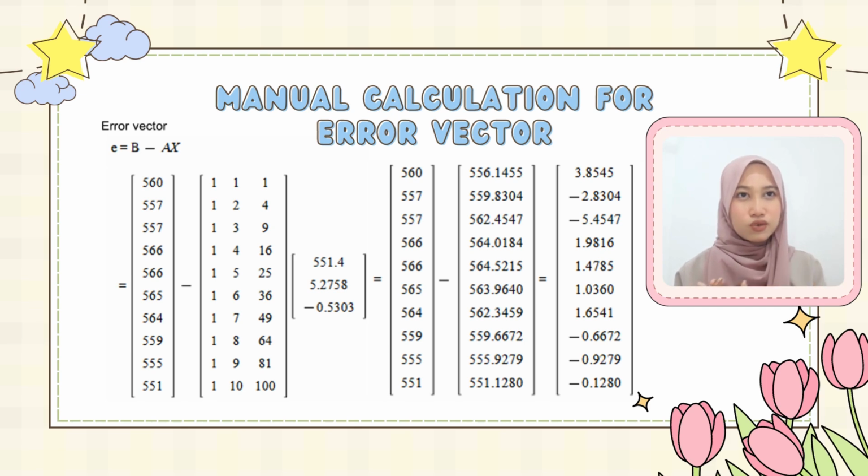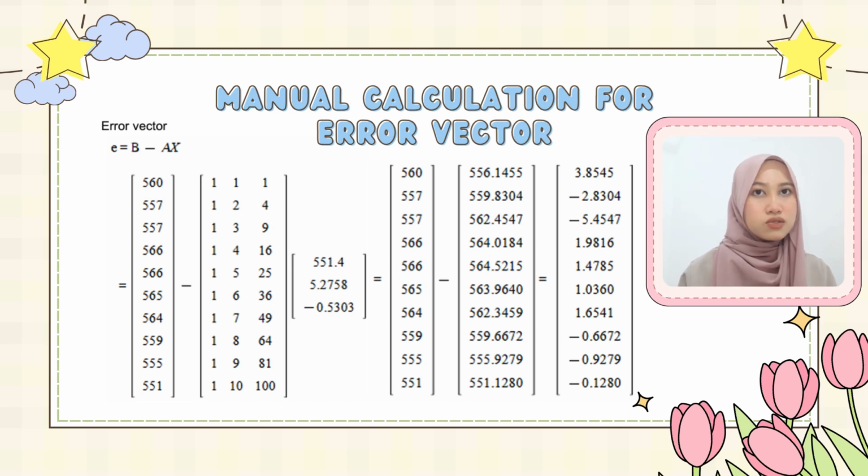And the best fit equation is y equals 551.4 plus 5.2758x minus 0.5303x squared. Firstly, we compute our AX, which gives the predicted unemployment value for each month. This result is shown in the middle column of this slide.